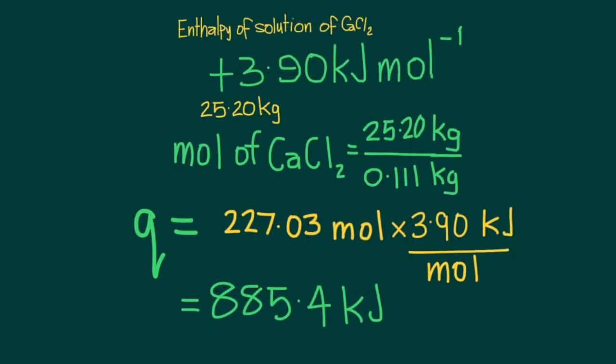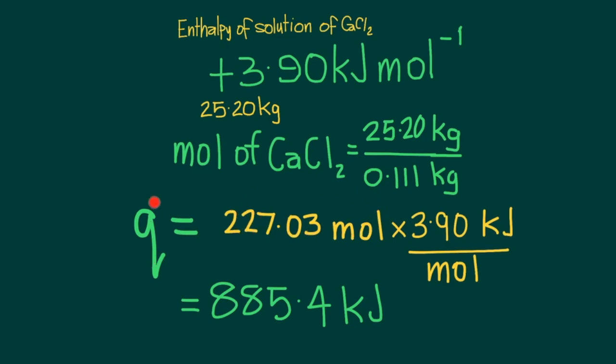As you move into solving the problem, note that the enthalpy of solution of calcium chloride is 3.90 kilojoules per mole. So it means that if you have 25.20 kilograms of calcium chloride, then you must divide this mass by the molar mass of calcium chloride in kilograms, and this would give you a value of 227.03 moles.